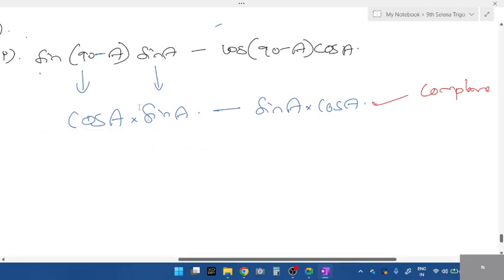We converted. If this was sine 50 degrees, this would have been cos 40. Cos into sine.